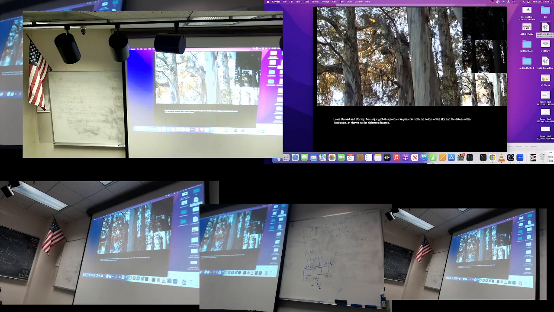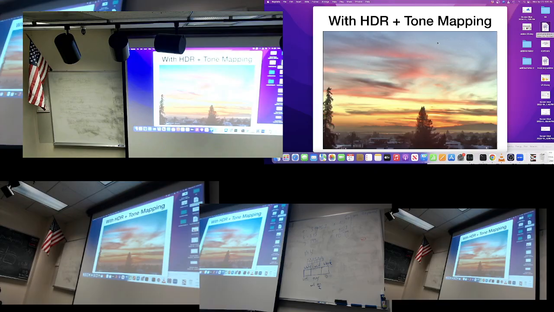Same goes here, the image after HDR. The image before HDR is either completely black because of overexposed, or underexposed because of the darker part, but definitely you don't see the colors of the bark of the trees. With HDR, voila, looks great.